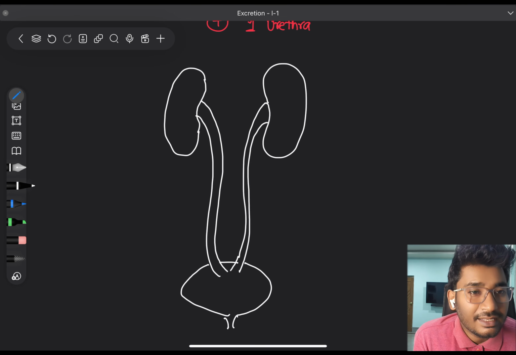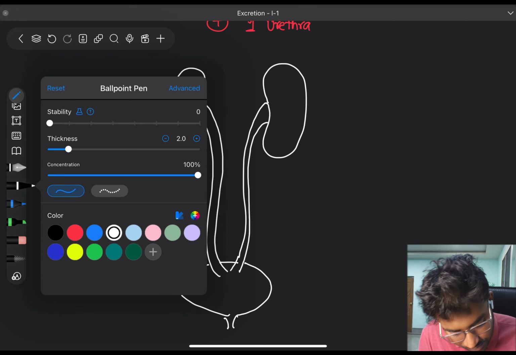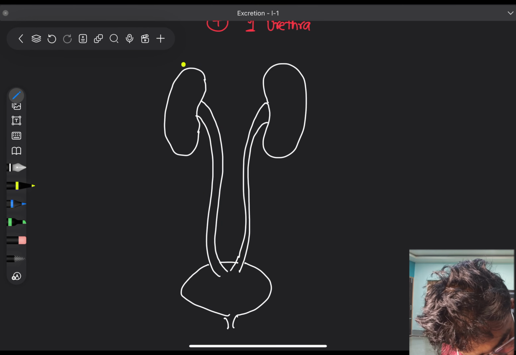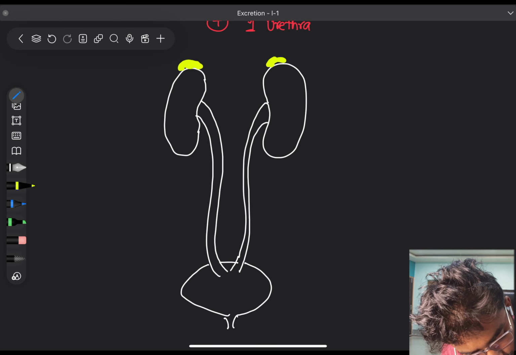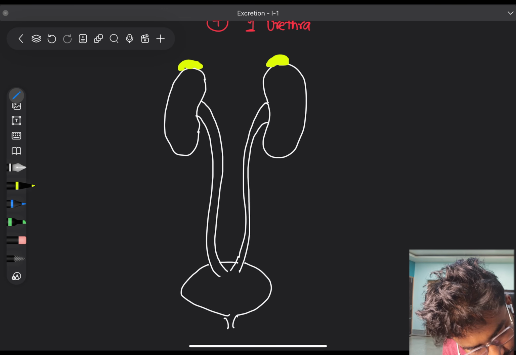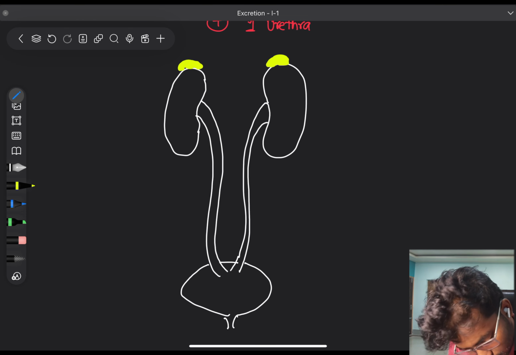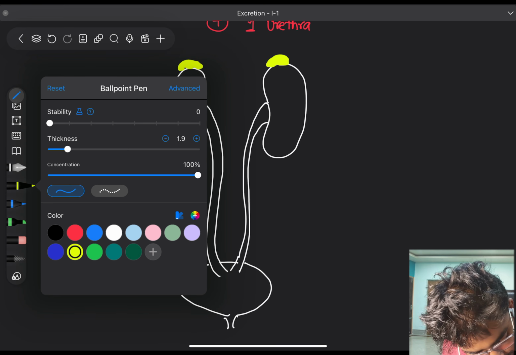These are basically the basic structure of the human kidney. Okay, so here we have a small gland above the kidney. It's called the suprarenal gland, like here. Supra means above.